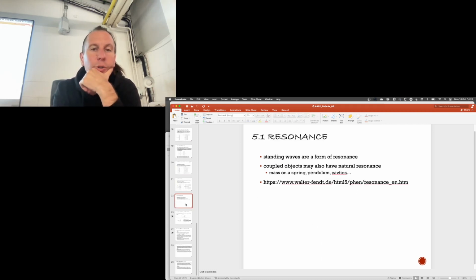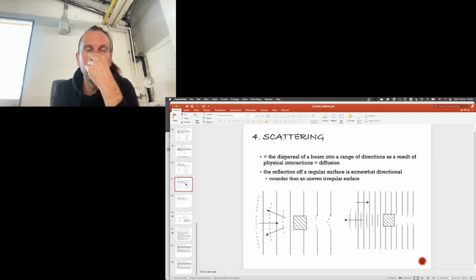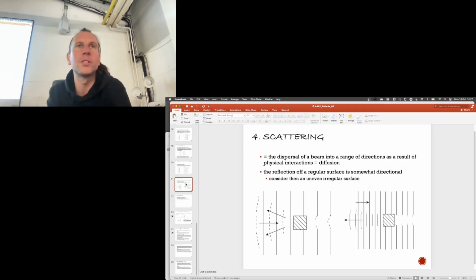Okay, now talk briefly about scattering. Scattering is the phenomenon whereby we have non-specular reflections. Okay, so that's a crucial term, specular reflection. It's probably on one of the previous slides.